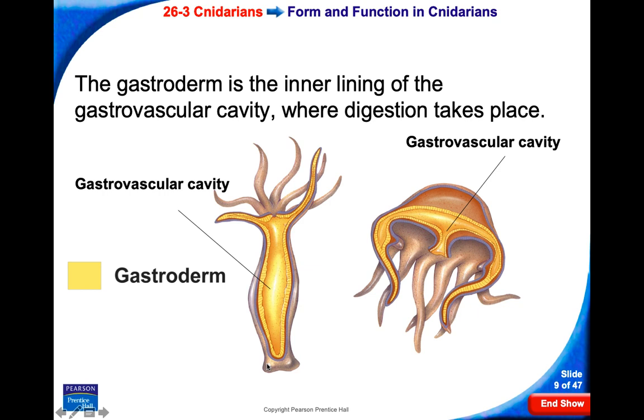And again, I'll put that term up on the front board. In terms of spelling, mesoglia is the layer that lies between the epidermis and the gastrovascular cavity. So you can see it as the dark brown layer that you see, and then the grayish bluish layer that I'm pointing to, that would be the epidermis.